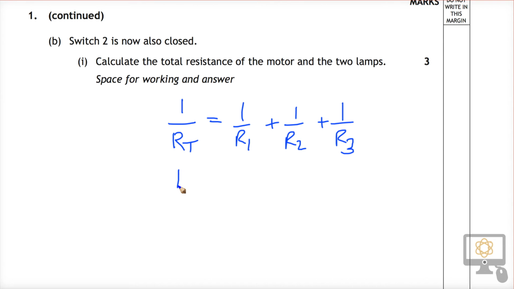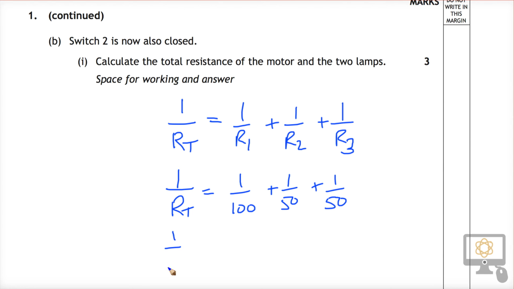Therefore 1 over RT is equal to 1 over 100 plus 1 over 50 plus 1 over 50. Now the denominator is different here, so the simple way to do this is to make sure the denominator is the same throughout, which means raising this up to 100, so that would be 2 over 100 and 2 over 100.